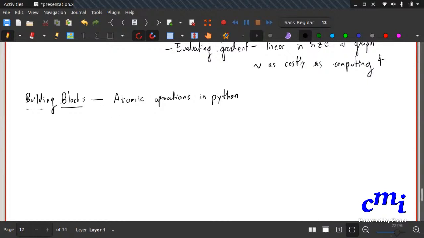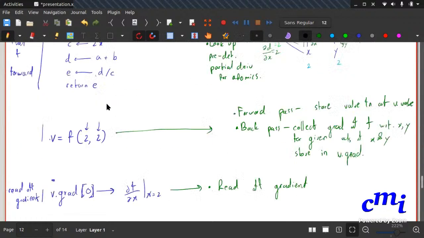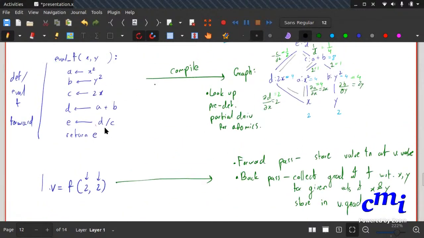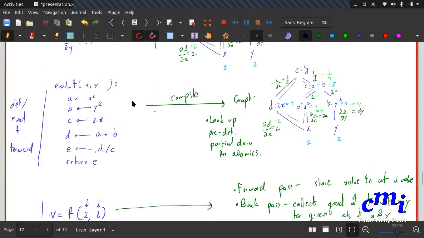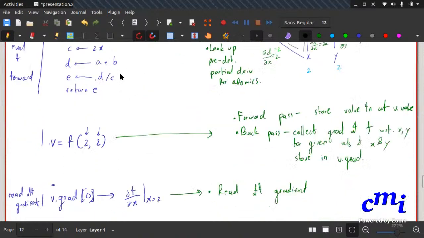So whatever code you want to write to define any f in the forward direction will only involve atomic operations you can do in Python, and there will be one building block for each. Of course, if you want to go beyond that, you would have to do some extra work. But whatever you can do within the underlying language, usually an autodiff implementation will support all of those possible atomic operations.